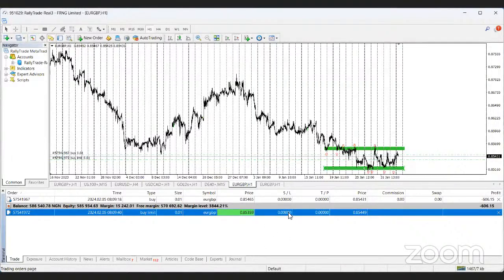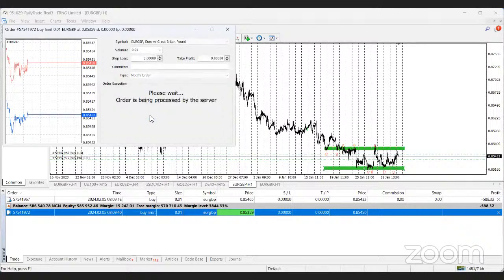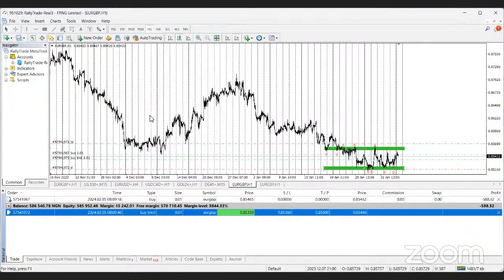So the stop loss for the pending order is 0.8516. Take profit is 0.85690 for the pending trade.